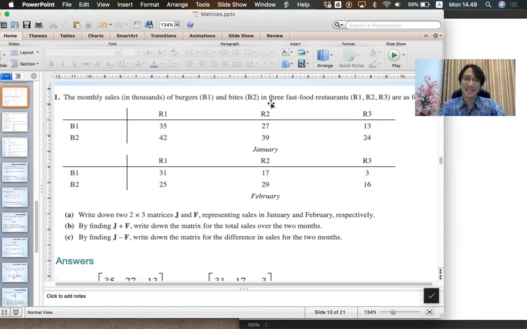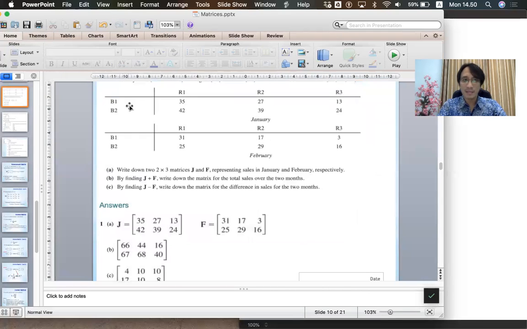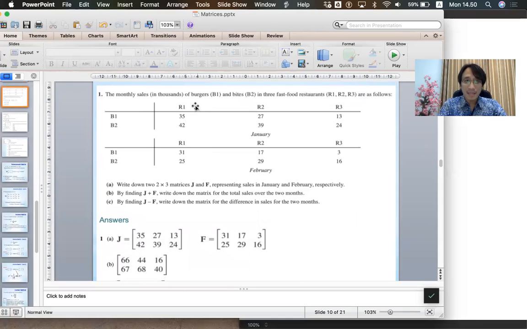So bite. So there are two products. The first one is burger B1 and bites B2 in 3 fast food restaurants. R1 as restaurant 1, restaurant 2, and restaurant 3. So R1 to R3 as follow. This is the combination. B1 means burger monthly sales in thousand.